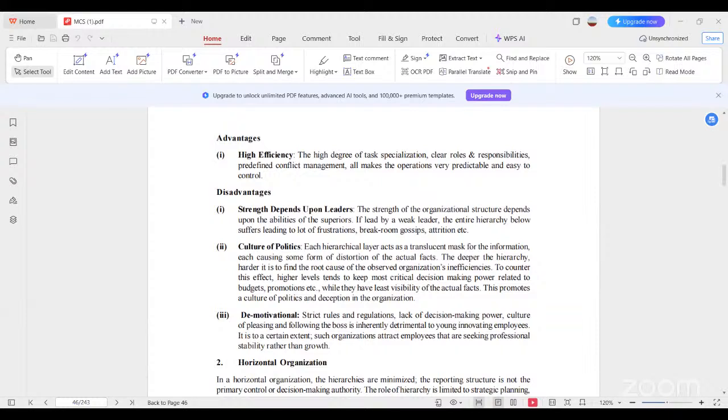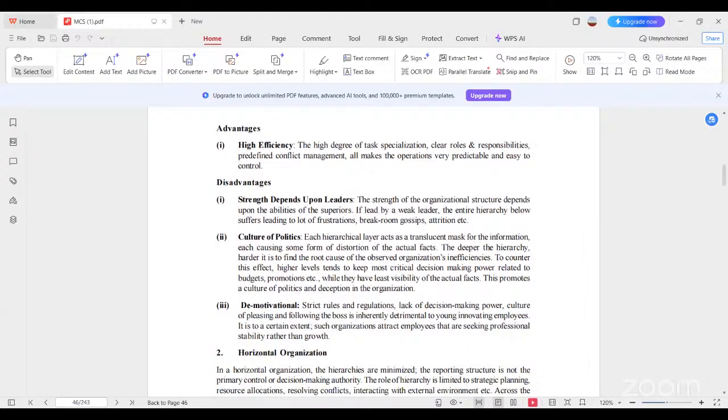It is best suited for large organizations, for routine and standardized work, and where you have strong control requirements. However, no doubt it slows decision making and reduces innovation. At the same time, it can demotivate young professionals as well. Therefore, modern organizations often combine hierarchy with flexibility just to balance control and creativity.